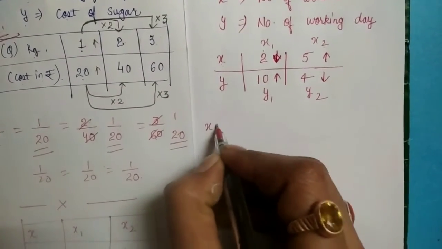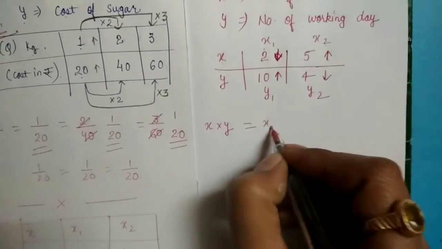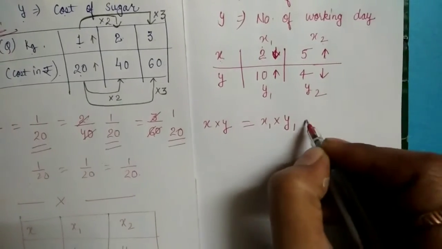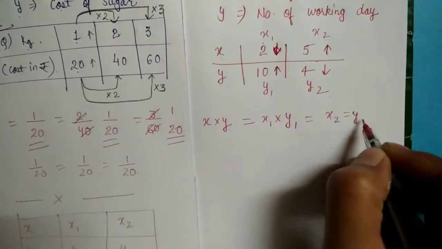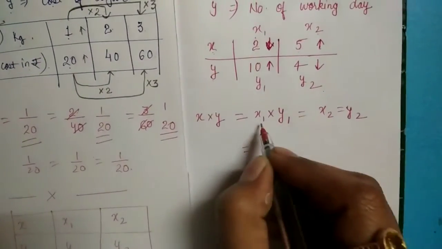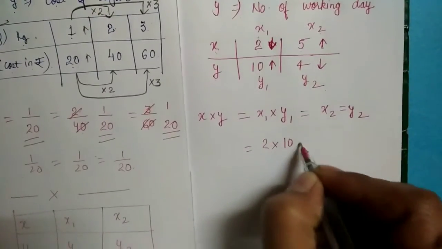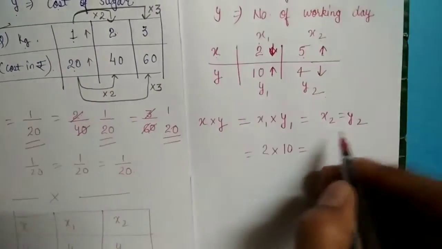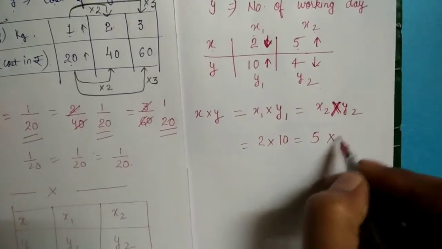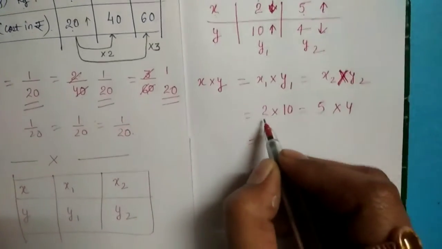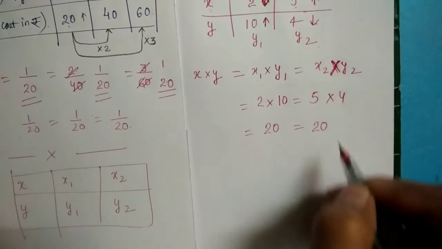We have to find x into y is equal to x1 into y1 is equal to x2 into y2 as constant. x1 is 2, y1 is 10, x2 is 5 and y2 is 4. You can simply see 2 into 10 is 20, 5 into 4 is 20.